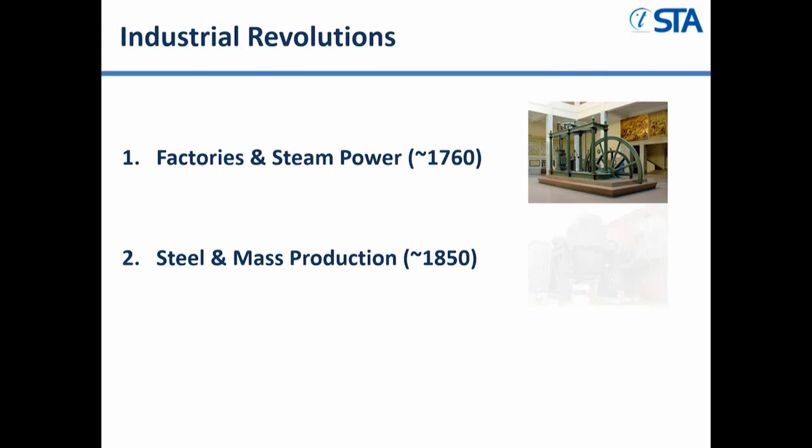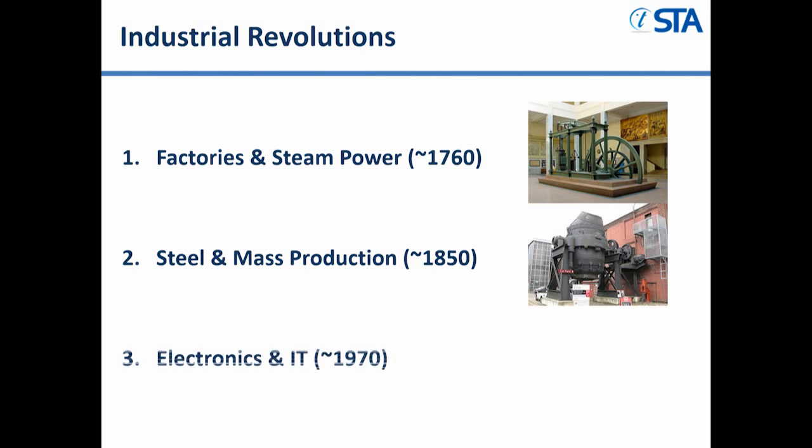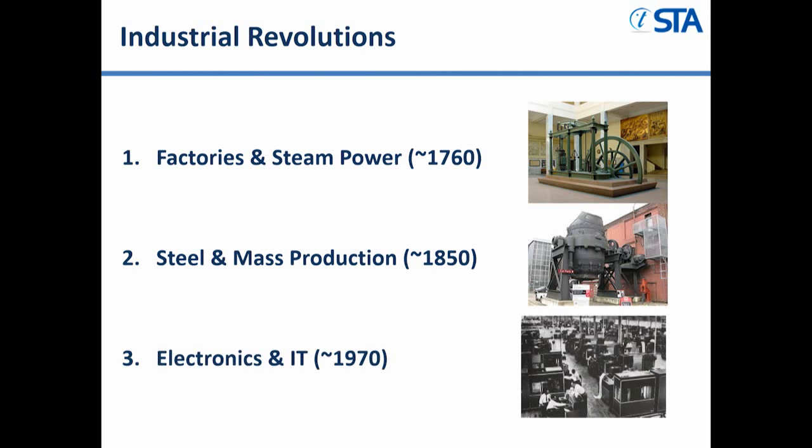So, if we look at past industrial revolutions, I feel quite happy coming from the United Kingdom because the first industrial revolution started in England with the invention of high power steam in about 1760, and the ability to create lots of energy in a very small space allowed factories to be built.